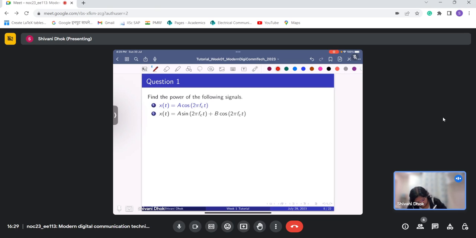The signal that we are given here is x(t) equal to A cos 2 pi fc t. For power of any continuous time signal, we take the formula limit T tending to infinity, 1 by T integral from minus T by 2 to T by 2 of magnitude of x(t) squared dt.